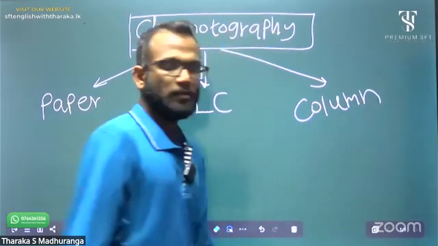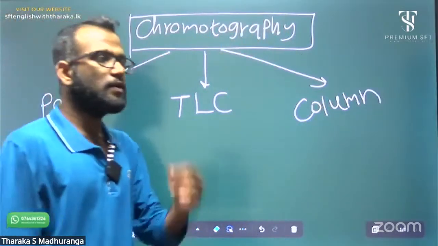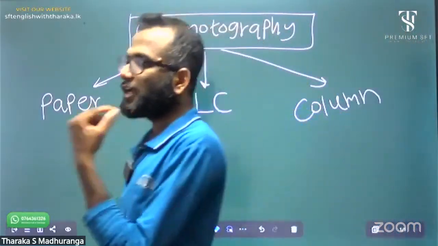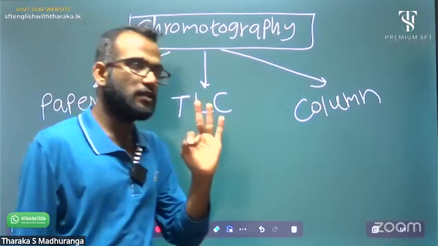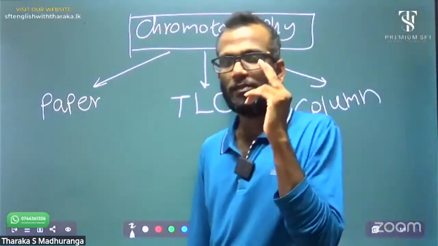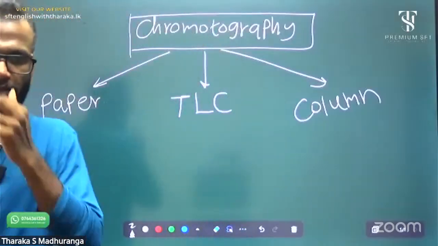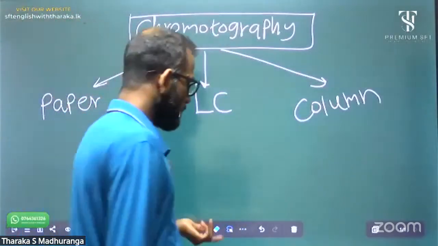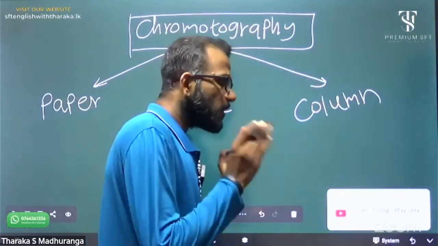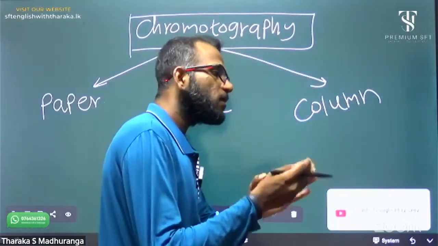Remember, chromatography techniques are mainly three types, that means separation and identification methods: paper chromatography, thin layer chromatography (TLC), and column chromatography. Let's go into the lesson. Very simple. I will explain one by one, step by step.